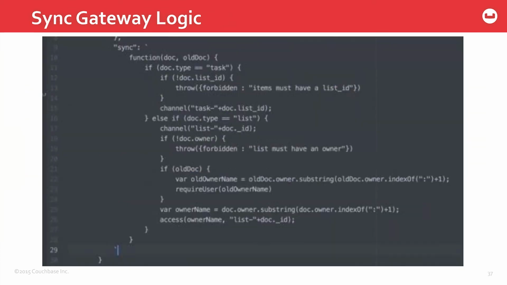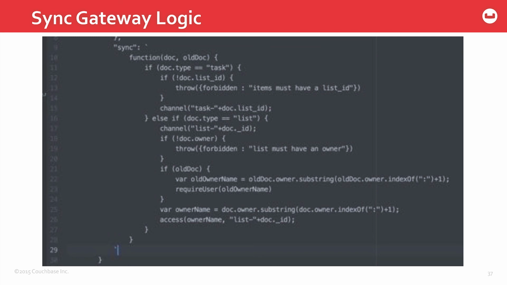Really quickly, Sync Gateway. This could be a talk in itself. This is where you will write that logic, right? You're writing JavaScript functions here that determine who you want to sync to, and the type of document. If you want to give people read access or write access to a particular document, you can also do that. All documents that hit the Sync Gateway will be checked.